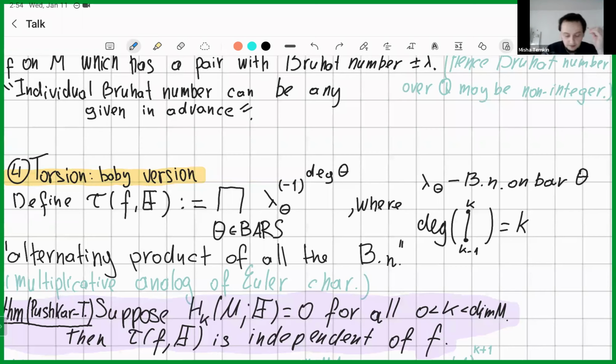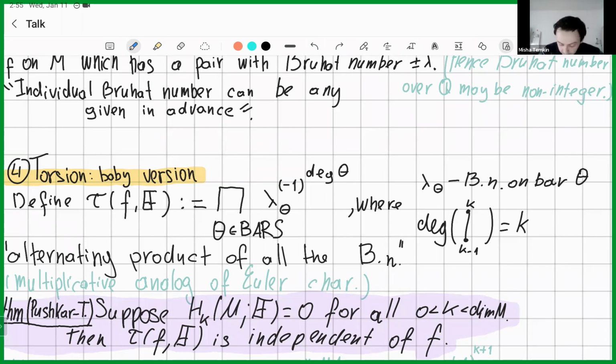So this should be compared with this slogan that individually Brown number can be any. You give me a number, I give you the function. But somehow, if you take the product of all the numbers, they cancel out, and the product is independent of the function.